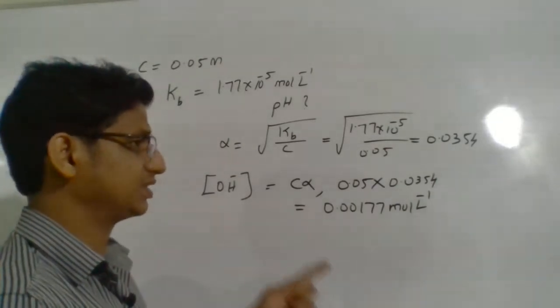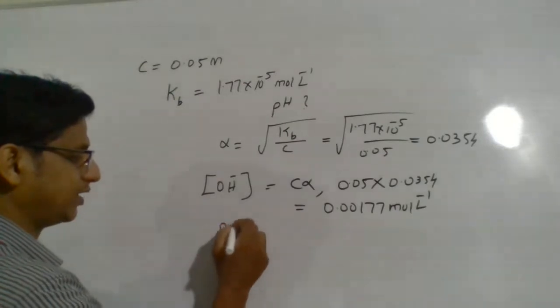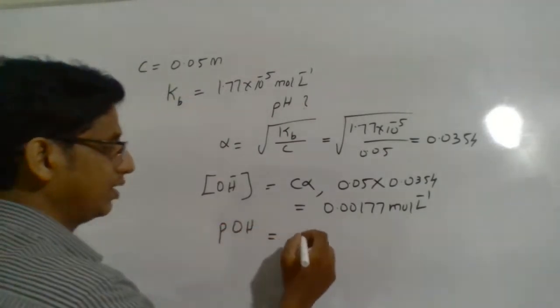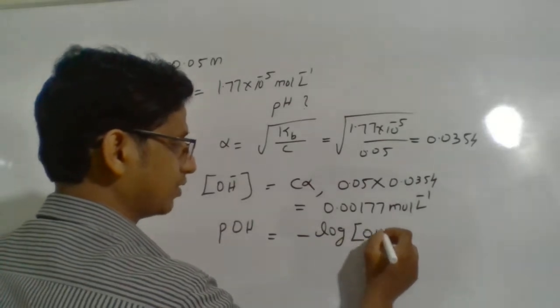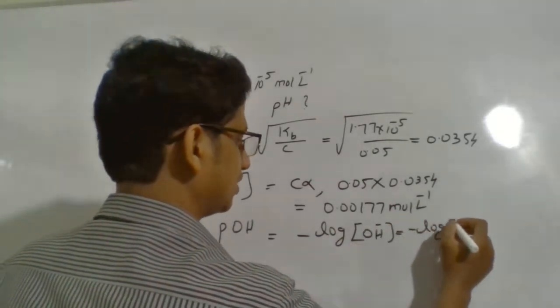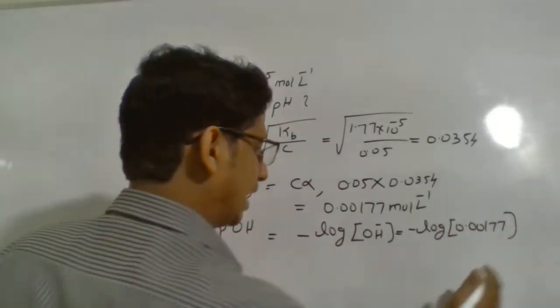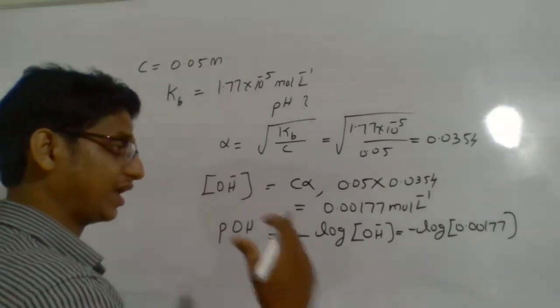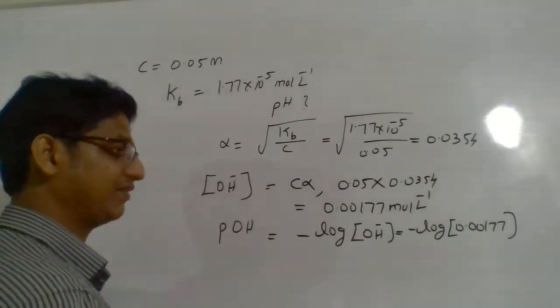Once you got the concentration of hydroxide ion, you can move to the next step, that is, now you can find pOH. pOH will be equal to minus log concentration of hydroxide ion. So it is equal to minus log of 0.00177. Take the negative logarithm of 0.00177.